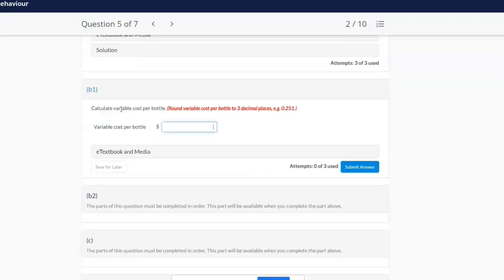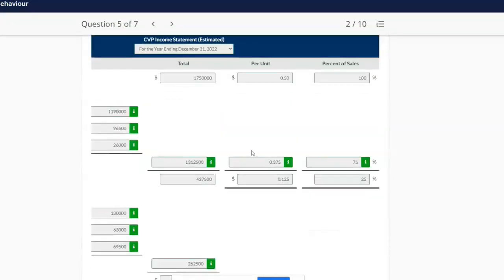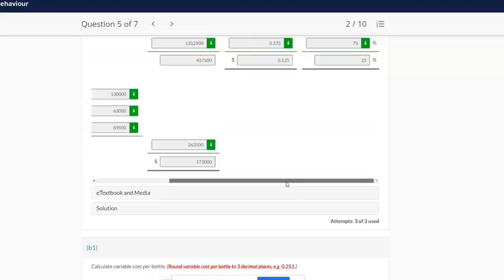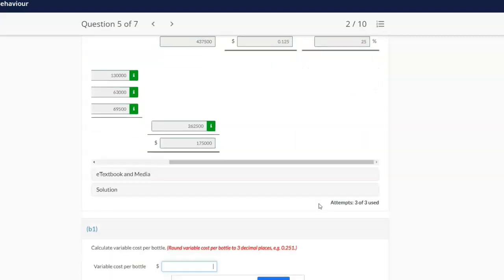Calculate variable cost per bottle. Oh, you already have that. You got the variable cost ratio. Just copy that in, 0.375.